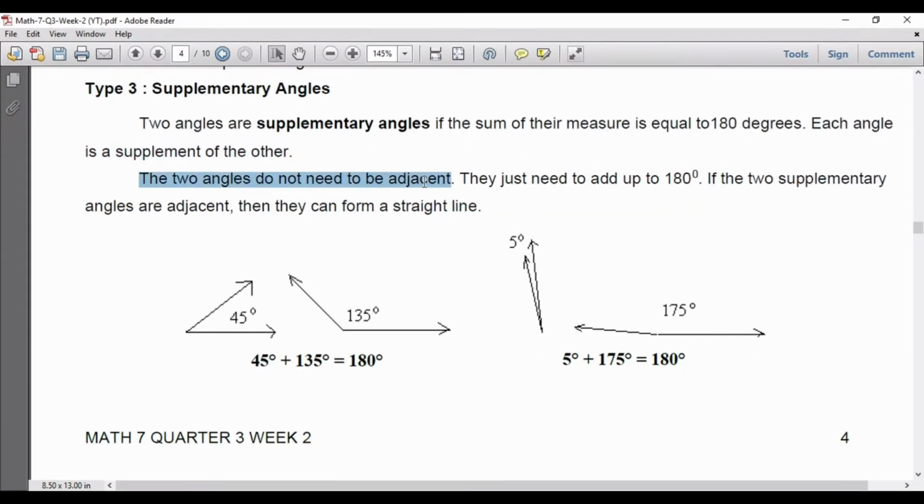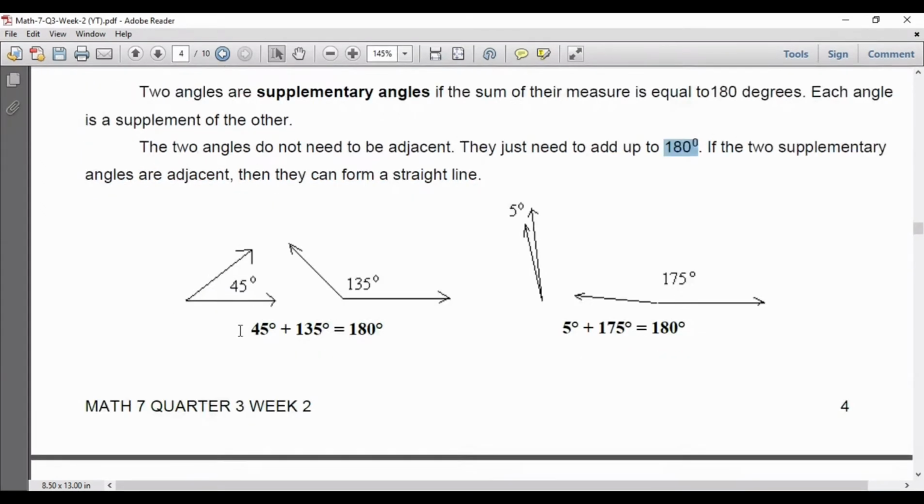The two angles do not need to be adjacent. So just like complementary angles, kahit hindi sila adjacent o magkatabi, pwede natin sila masabi as supplementary angles as long as the sum of the measures of their angles is equal to 180 degrees.